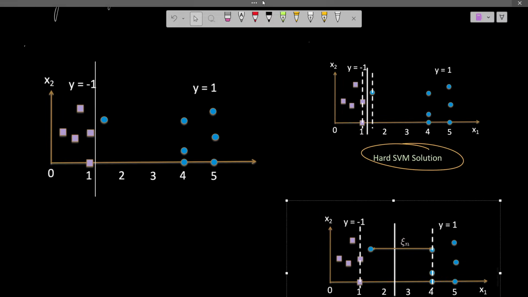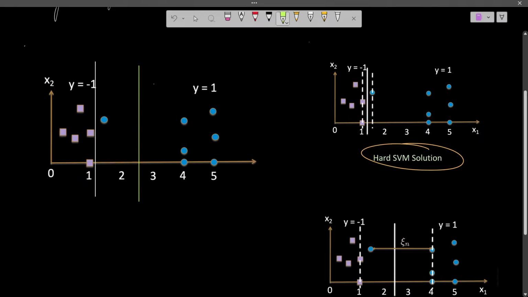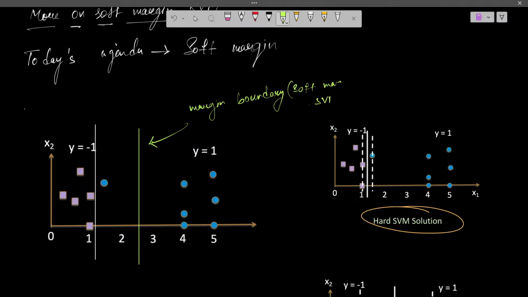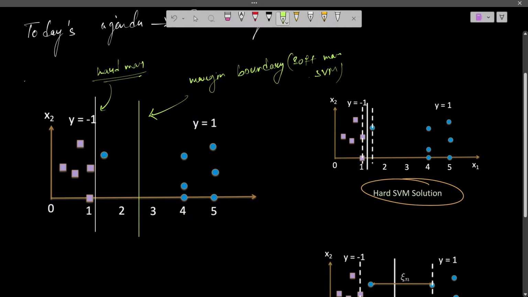This is for hard margin SVM, and this line is the margin boundary for soft margin SVM. This is for hard margin. And you can see this point should have been there.